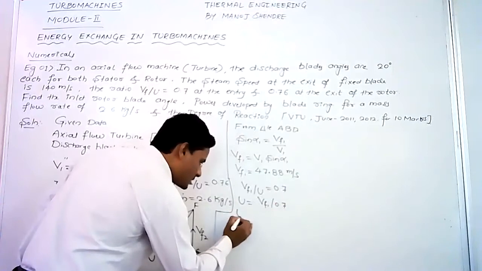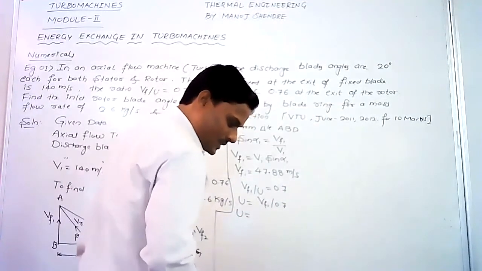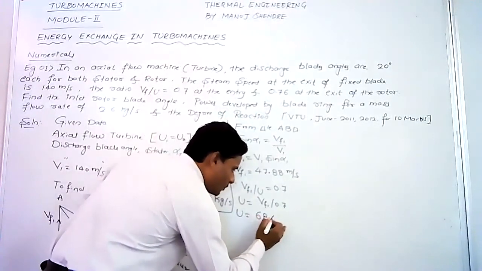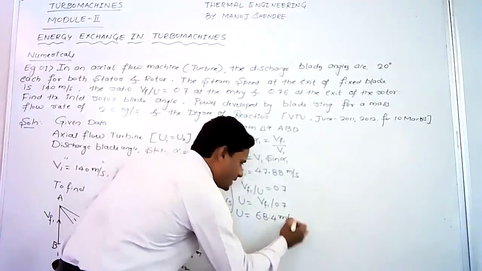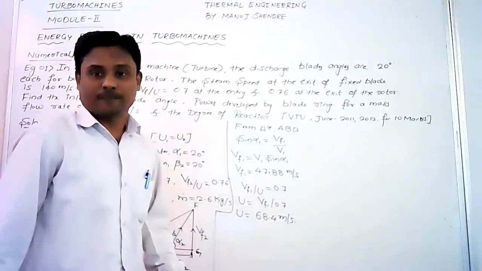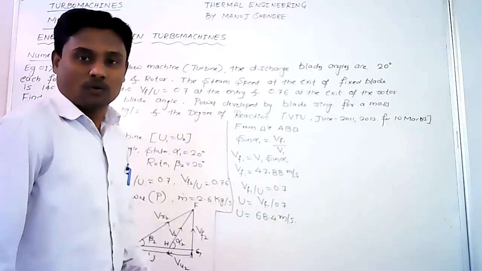Substituting the values, we get U as 68.4 meter per second. And of course, it is a constant because we are dealing with the axial flow turbine.